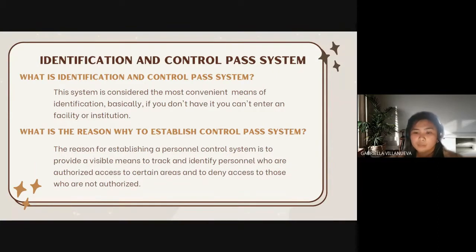Every establishment, organization, or company believes that establishing a control pass system is important. One of the examples is building safety or building security. Due to privacy regulations and many people on the campus, they have to monitor who is coming and who is leaving the campus. But what about those visitors?